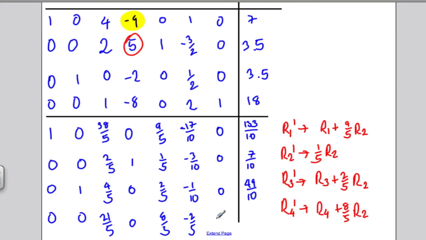That add 8/5 of that is 1, and 18 add 8/5 of that, so 18 plus 8/5 of 3.5 is going to be 118 over 5.